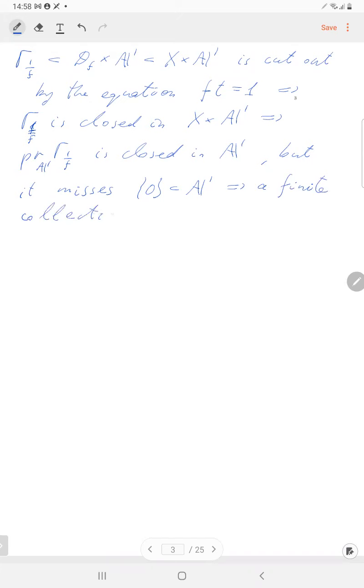Why is this graph irreducible? Just because it is isomorphic to D_f, right? It's a graph of a function, but gamma of 1 over f is isomorphic to D_f, so irreducible.